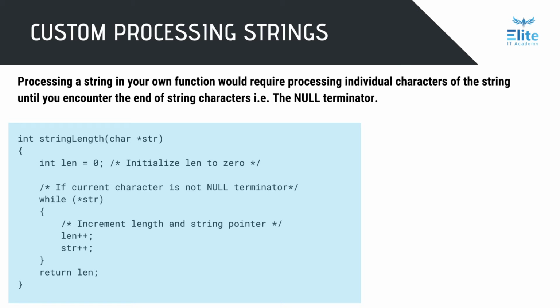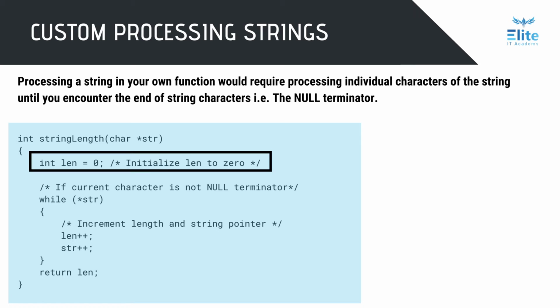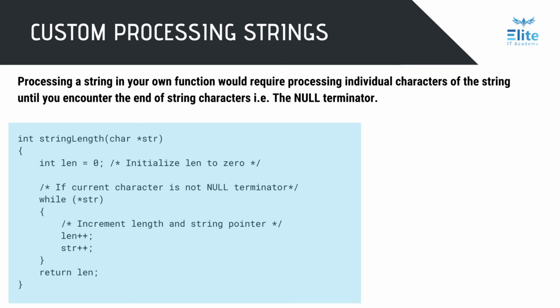For example, here we are replicating the strlen function that returns the length of a string. As you can see, the function receives the starting address of the string. The variable len is initialized to 0. The function then counts the characters in the string until it encounters the null terminator. The length is then returned to the calling function.